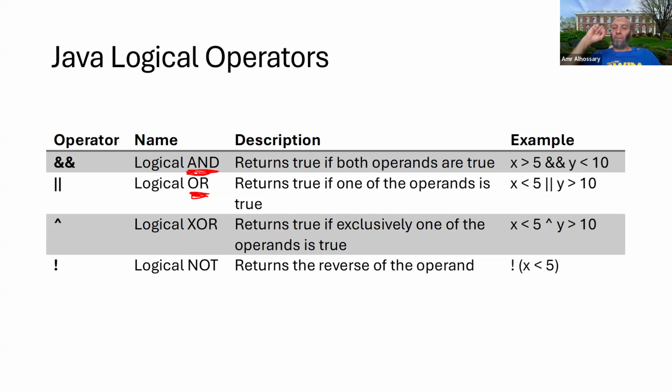No, this is not a good idea. I don't have an example in my head right now. I forgot there was one. But anyway, it means an exclusive condition where only one is true and the other is false. So the first condition is true and the other is false, or the first is false and the other is true. If both of them are true or both of them are false, the condition is not true.